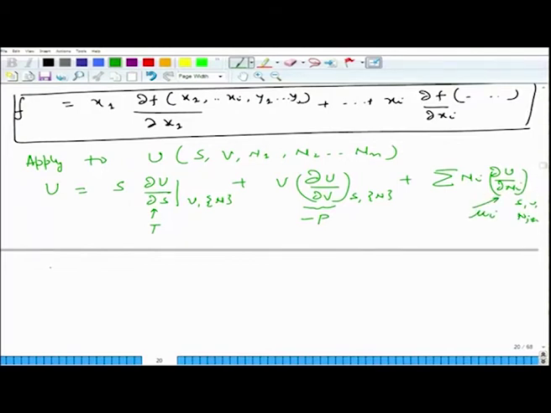So we now have a relation U equals TS minus PV plus summation mu i ni.